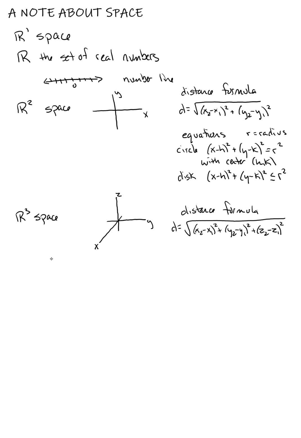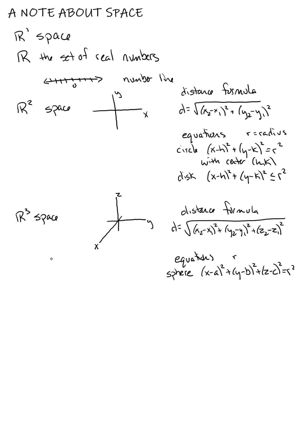Some equations in R3 space. Instead of a circle, we have a sphere. It's like a circle in 3 space. And the equation is x minus a parentheses squared plus y minus b parentheses squared plus z minus c parentheses squared is equal to r squared.